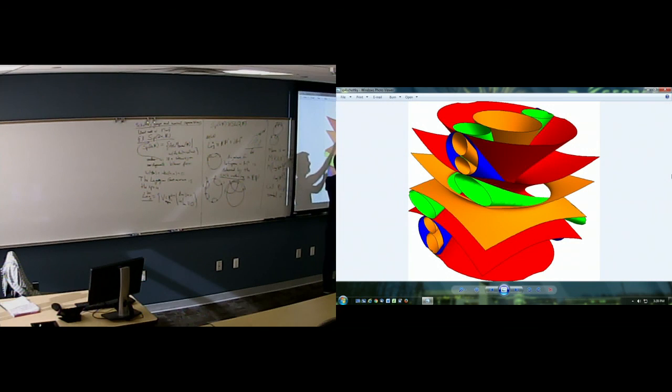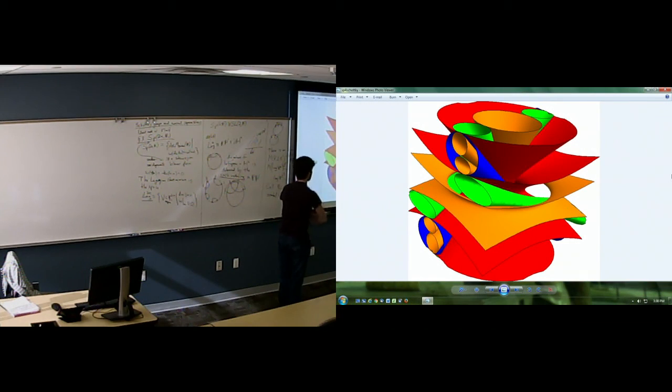The top is maybe the easiest to interpret: sending the red hyperboloid to the red hyperboloid sends this red one to the orange, and this blue one to this green, and this blue one to the other green. Similarly, the other green things are images of the blue, and the orange things are images of the red.